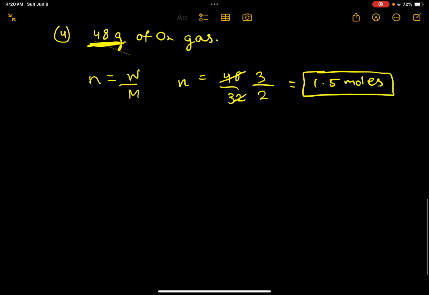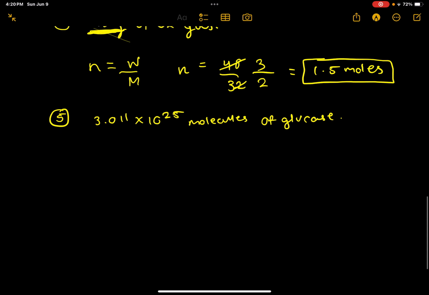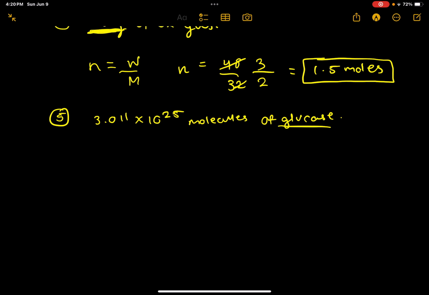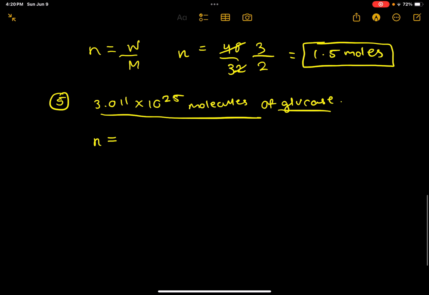Alright, so now we have a bit of a tricky question. 3.011 times 10 to the power 25 molecules of glucose. Now if we hear glucose, that doesn't mean we immediately take the molecular mass as 180 gram. We don't have to do that in this question. Over here the number of molecules are given. That means we have to take the second formula, n is equal to N upon Na.